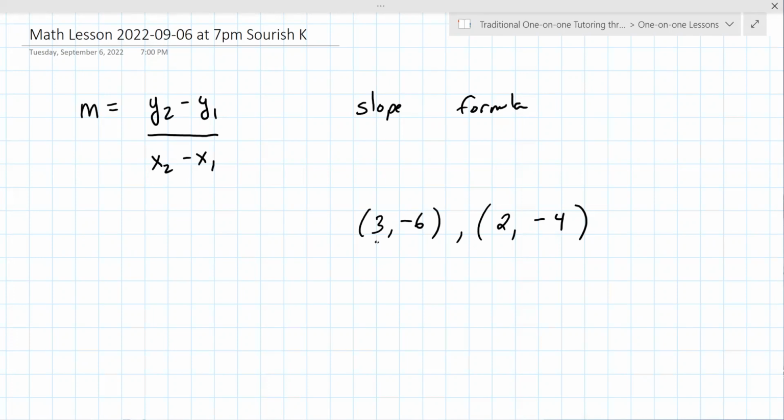So 3 and 2. Let's label them. 3 is x1, so this number next to it is y1, 2 is x2, and then y2.